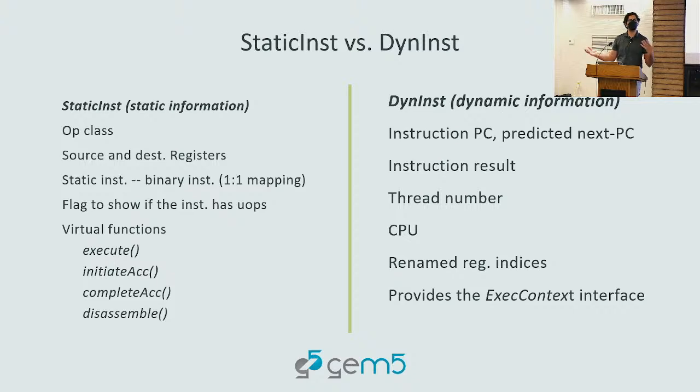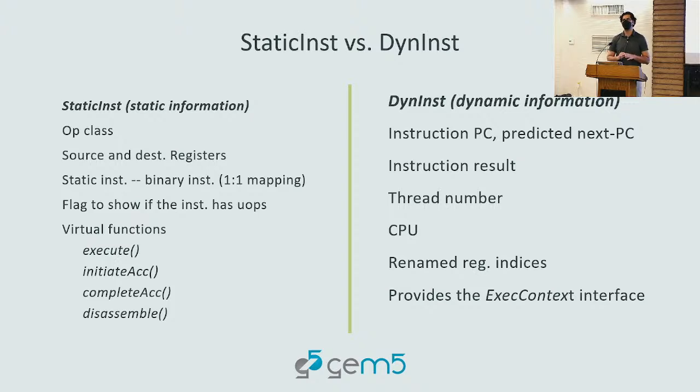It might have flags to show if this static instruction is going to be decoded into smaller runtime micro operations or dynamic operations. And then a static instruction has some virtual functions, which define how exactly this instruction will be executed. Examples of the functions are execute, initiate access, complete access.